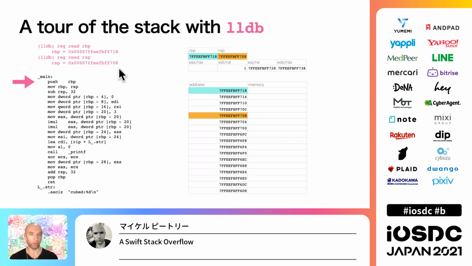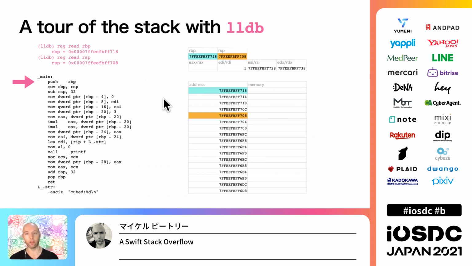Up here, we have the relevant LLDB commands for that instruction to find out what is going on in the registers and memory. On the right, we have the CPU registers and what values they are showing at that instruction. And then below that, we have the stack memory itself. As you can see, we have the addresses on the left and what is contained in the memory on the right. At the moment, there is nothing.